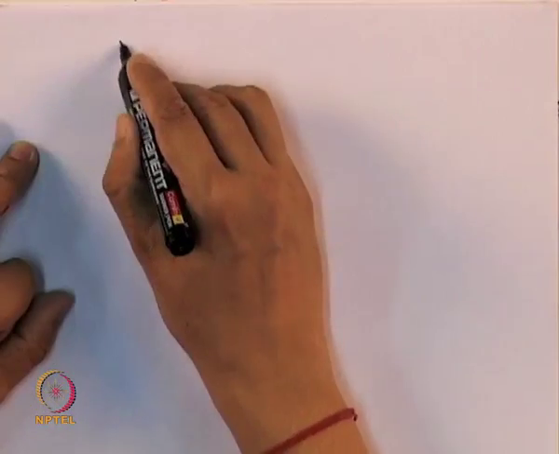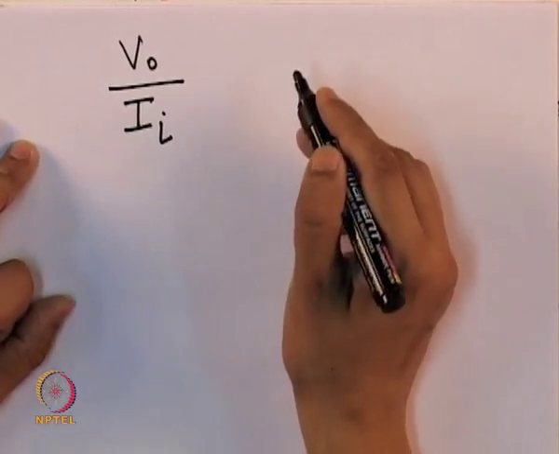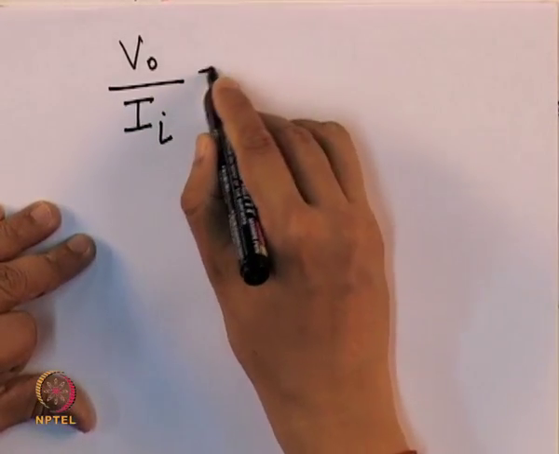With CF present, my VO, that is output voltage upon input current, can be written as follows.